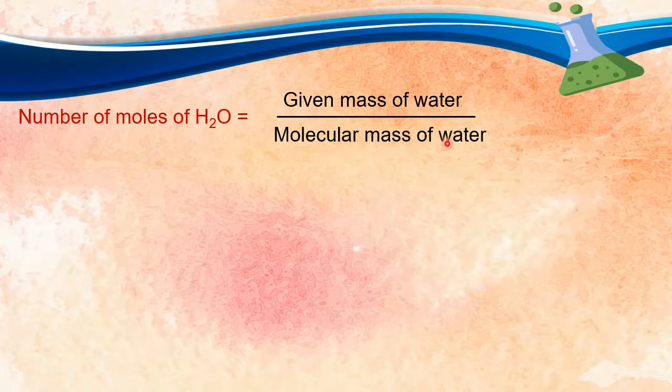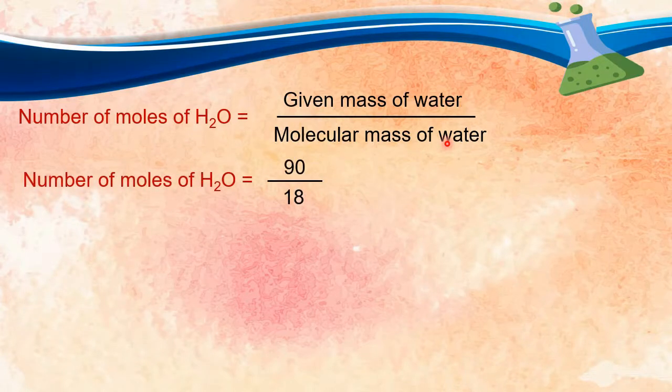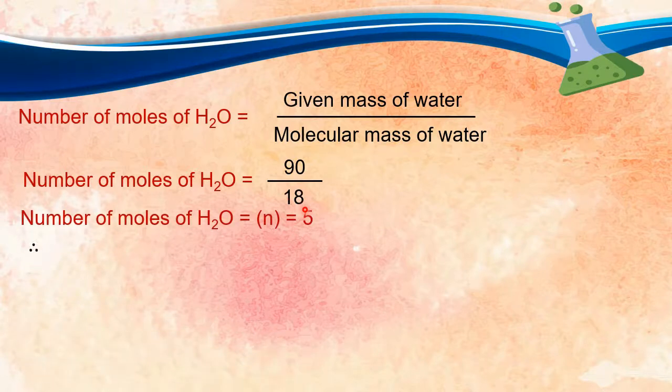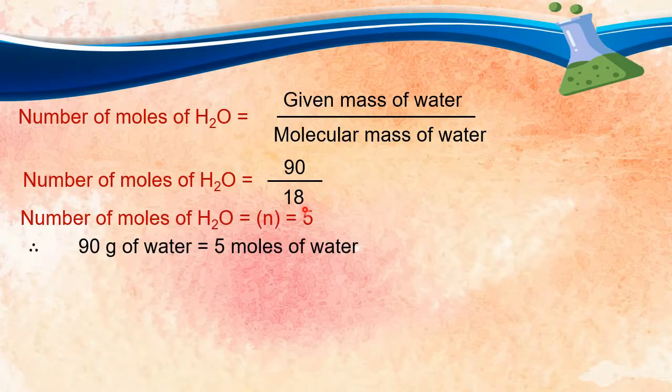Let us put the values in the formula. We have given mass of water is 90 grams and molecular mass of water is 18. Therefore, here we have got 90 gram of water contains 5 moles of water.